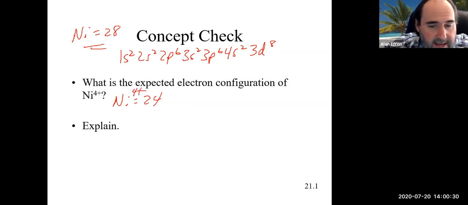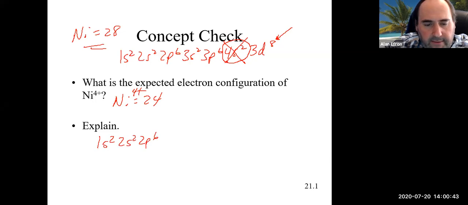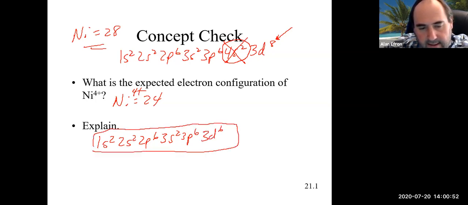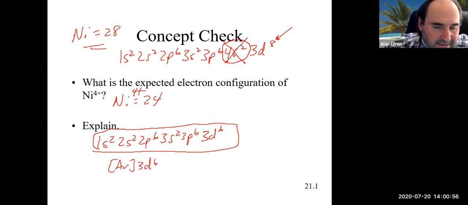Again, here what's going to happen is we are going to lose these 2 electrons here first, and then we need to take the other 2 out of there, and we would end up with 1s2, 2s2, 2p6, 3s2, 3p6, and 3d6 in this case, argon 3d6, as right about there is argon's configuration.